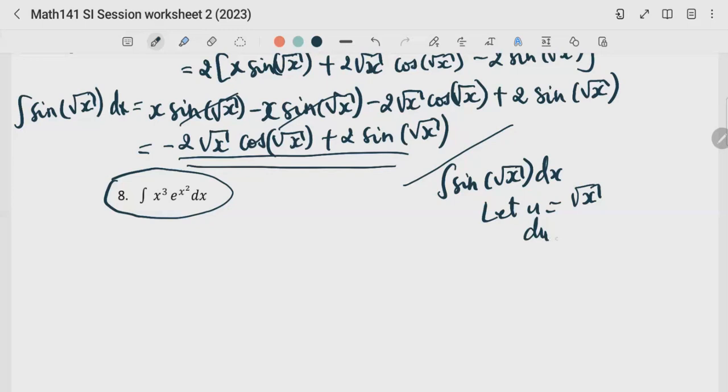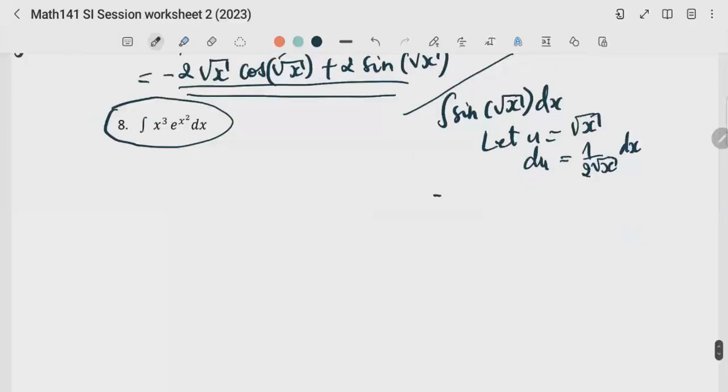Then you have du is equal to 1 over 2 root x dx, right? So then bring it back to the expression, you would have sine of u multiplied by dx, which will just be 2 root x du, right?